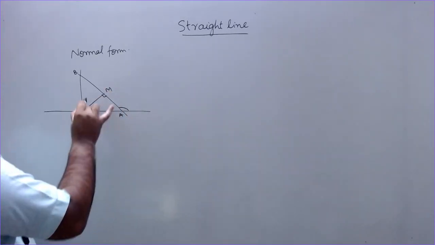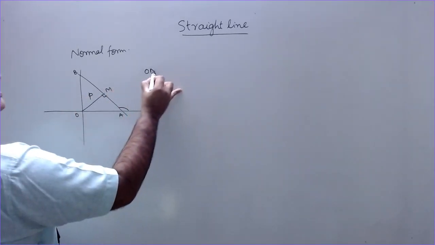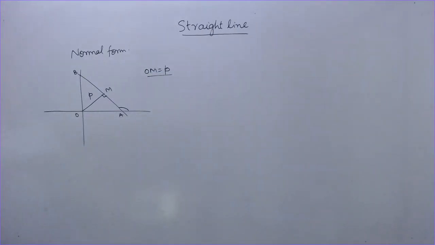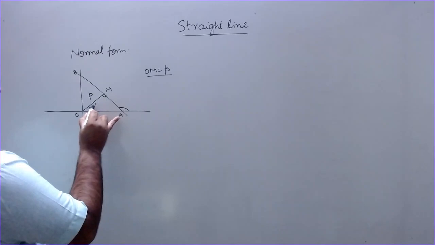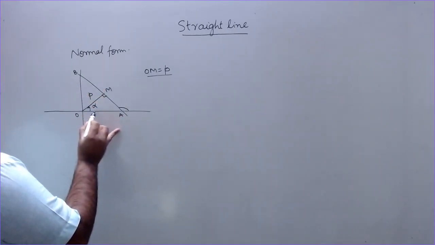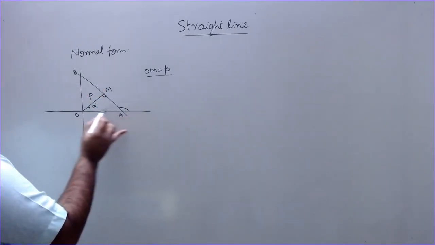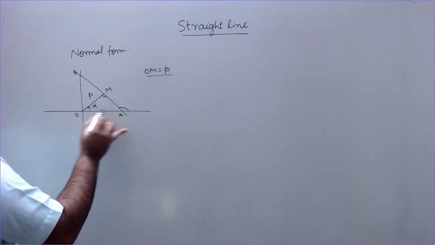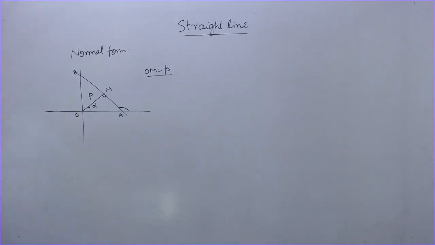This point is M. The length of the perpendicular dropped from the origin on the line AB, and this perpendicular is making an angle alpha with the positive direction of the x-axis. Length of the perpendicular is p. Now we have to find the equation of this straight line AB.